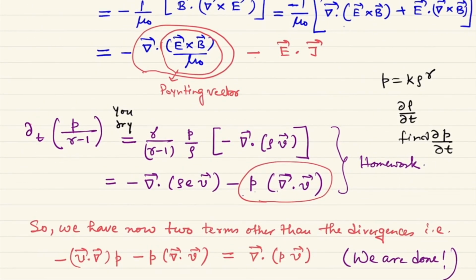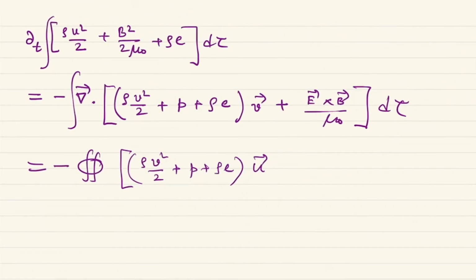Have I made some other u? No, not really here, but here yes. Okay, v plus E cross B by μ0 dτ.